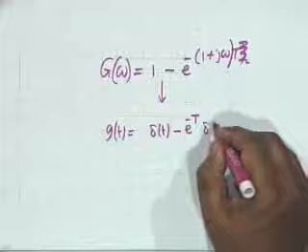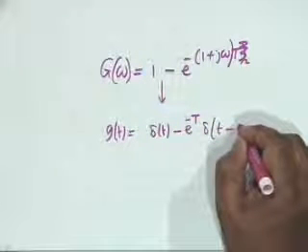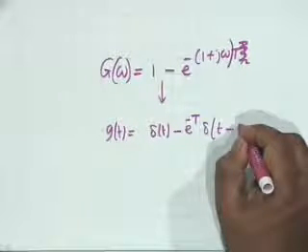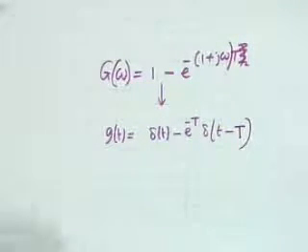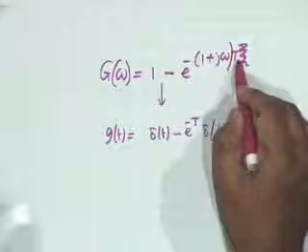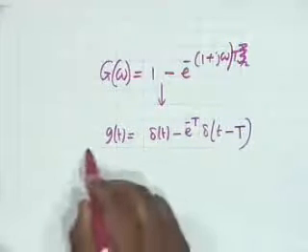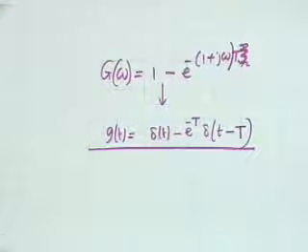What is the inverse Fourier transform? δ(t − T). This is the impulse response that you want. And it's not impossible to design a system which has an impulse response like this.